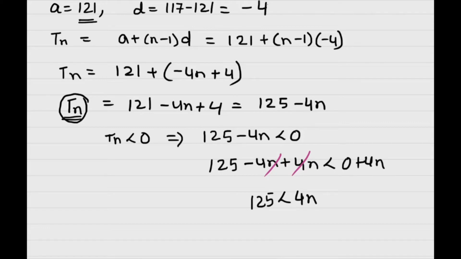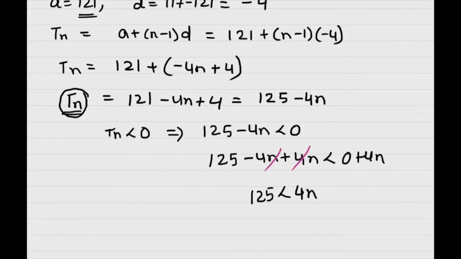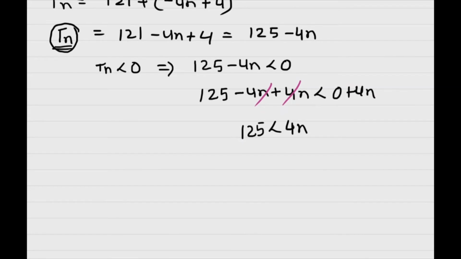Now less than and greater than also work like equal to only. Just you have to use the same thing in the LHS as well as RHS. Now if you divide LHS and RHS by 4, you will get 125 by 4 less than n.